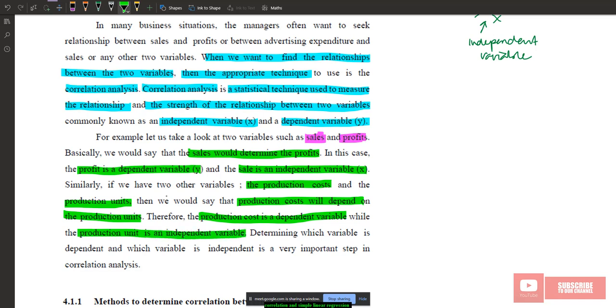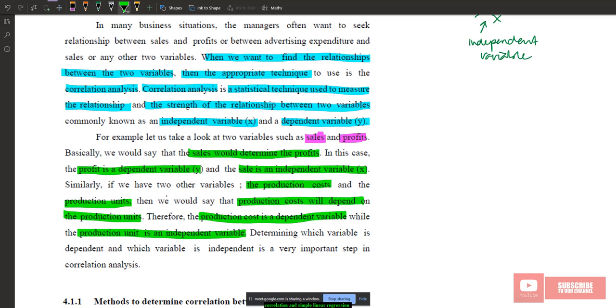Another example is that smoking can cause heart disease. Heart disease depends on how many cigarettes you smoke. So heart disease is the dependent variable and how many cigarettes you smoke is the independent variable.